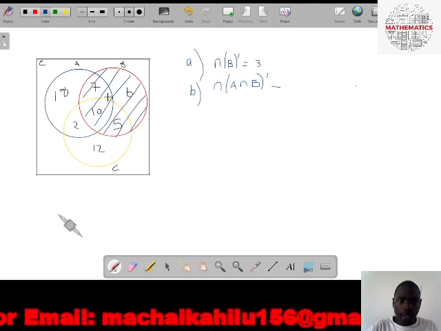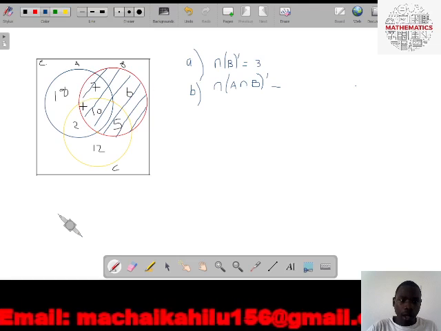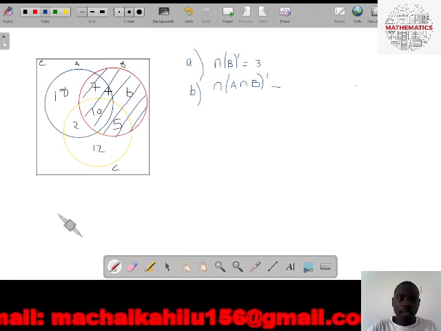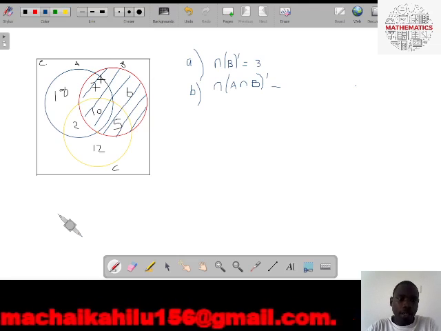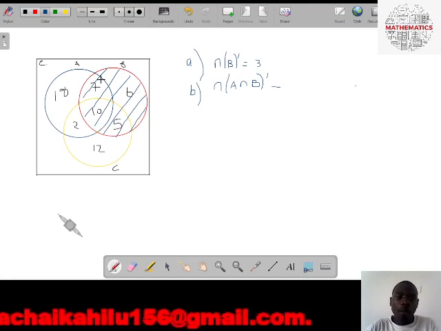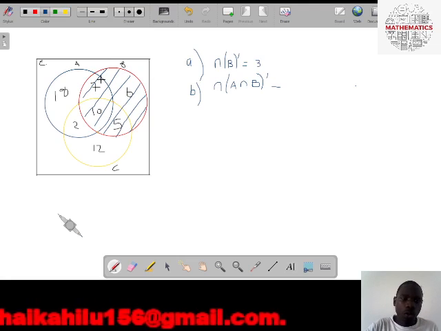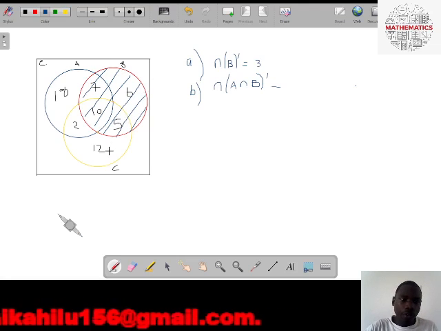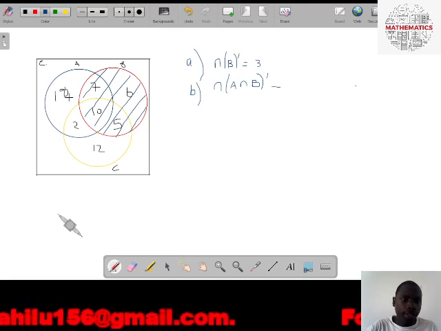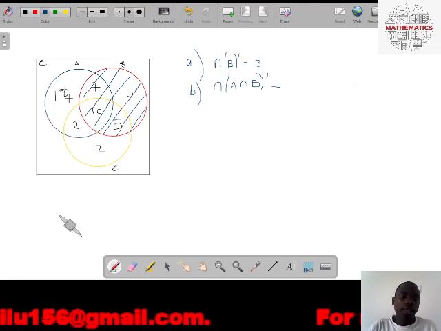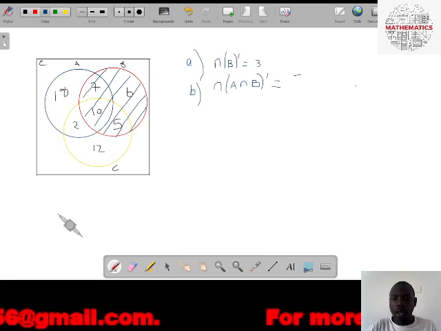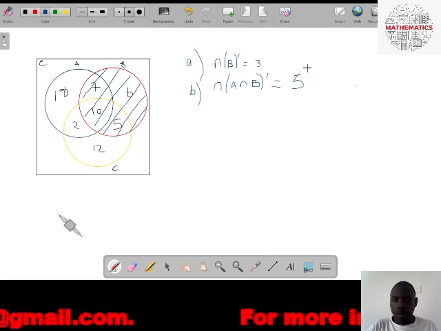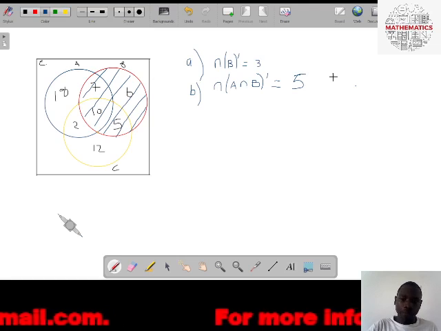Okay, I'm sure you're able to see. A intersection B is there. So now if you exclude 7 and 10, which is A intersection B, how many numbers are going to remain? You are going to have 6, 5, 12, 2, and 18. So count how many they are. They are actually 5. So here it will be 5.